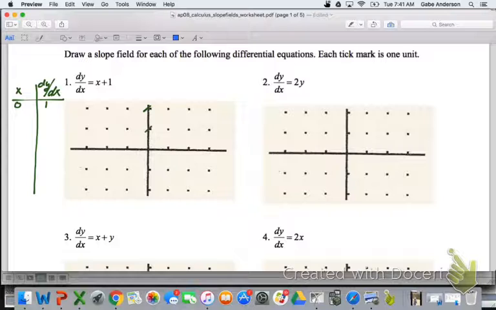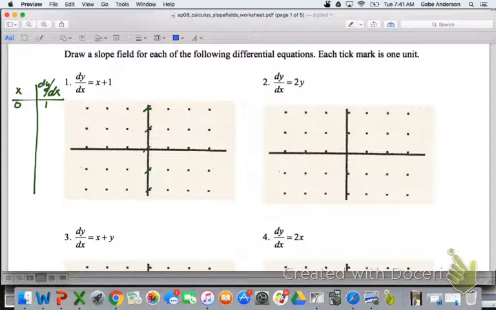If you remember, we draw these little tick marks in, these little hash marks, and we have a positive 1 slope at each of those spots. You might wonder how I got that angle. When I was looking at this slope field, I was trying to aim it at this point, which would be a slope of 1, of course. So I don't connect them, but I'm aiming at that, knowing that that would give me a slope of 1.